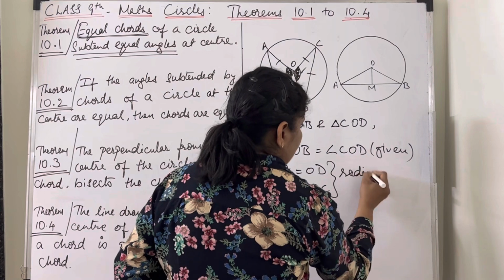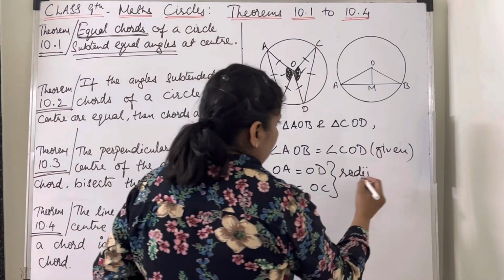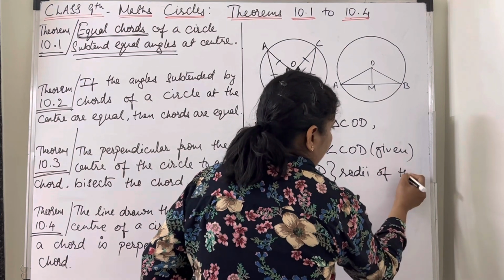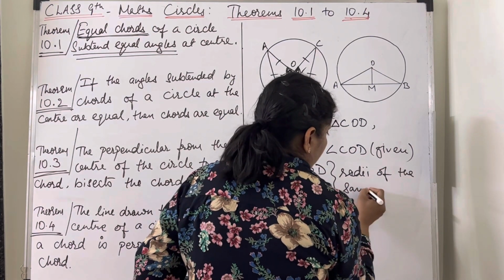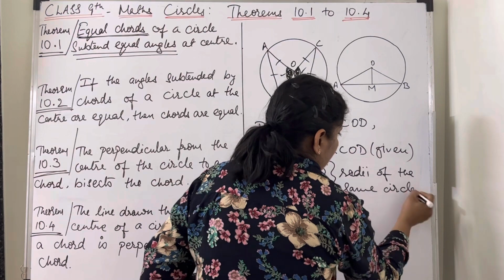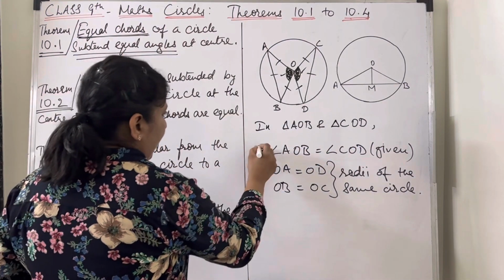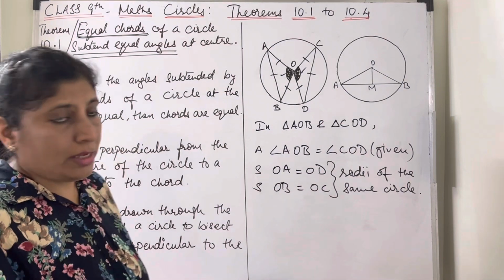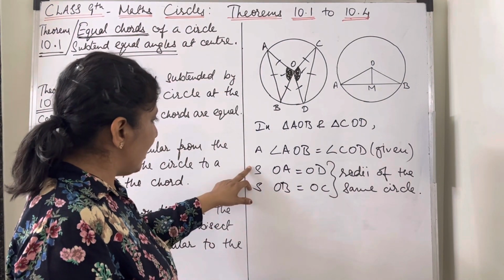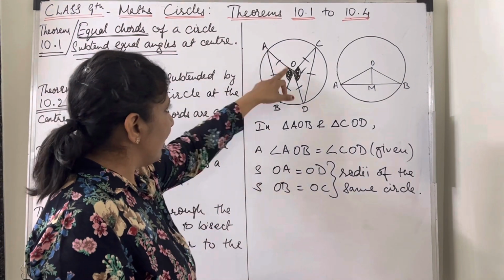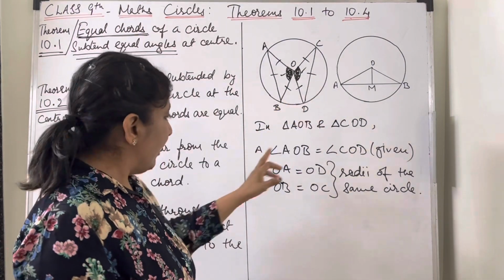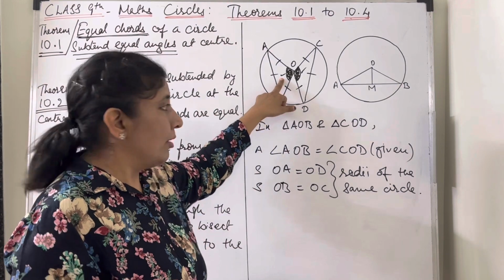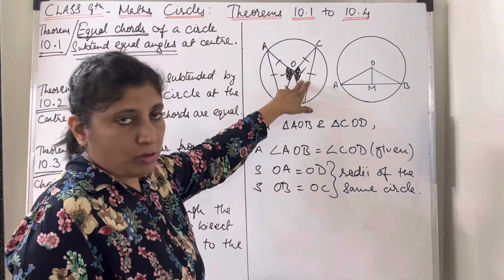If we don't write reason, the teacher can very easily deduct marks. So radii of the same circle. Now this is one angle and these two are sides. Now observe one thing, these two sides are the radii, right? And this angle falls in between the two radii of one triangle. So respectively the other one also.